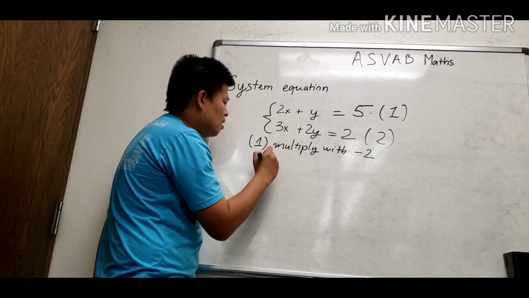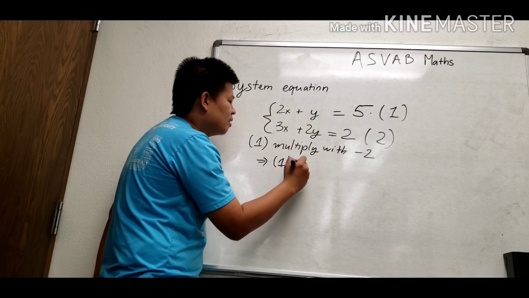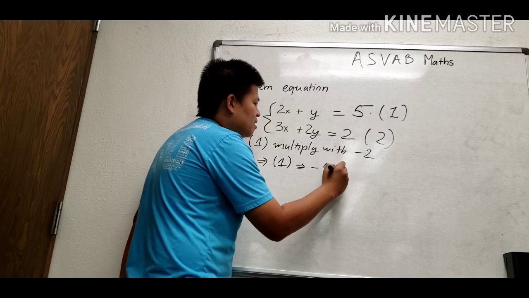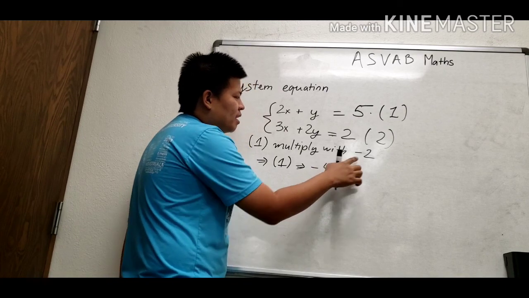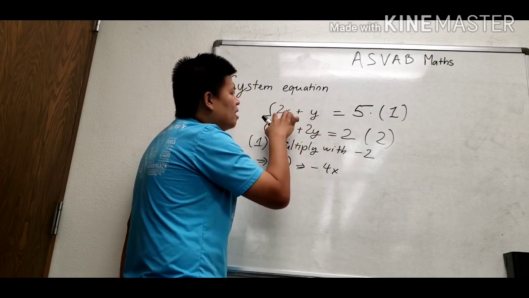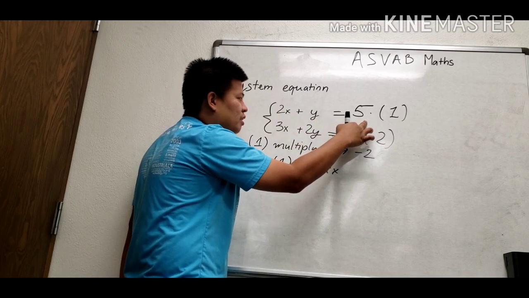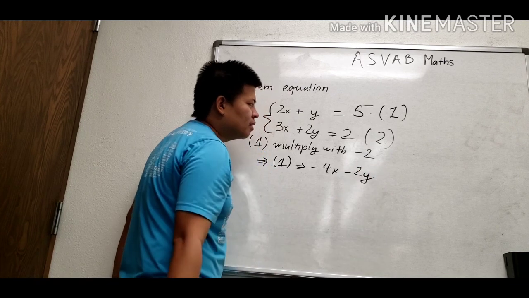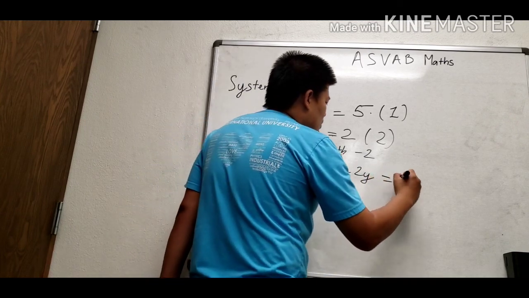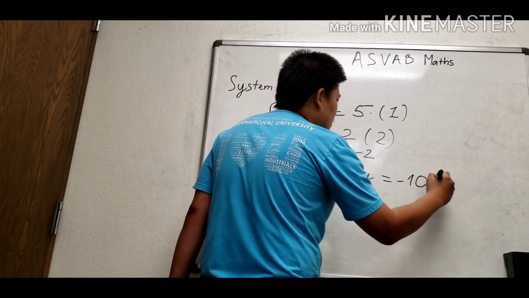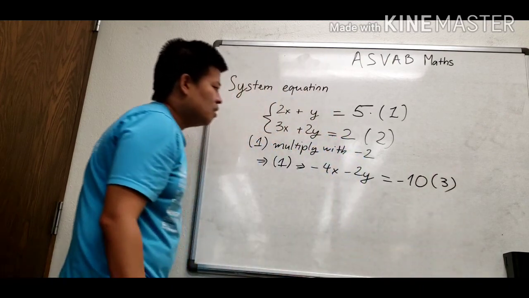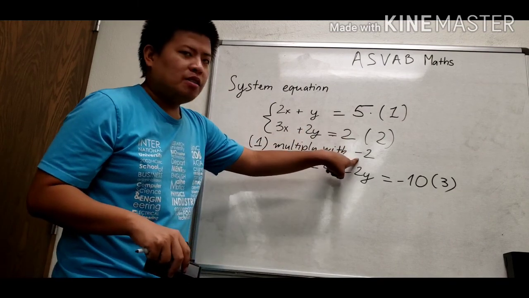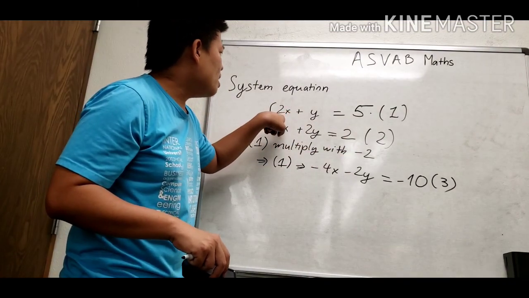So the new equation number 1 will become -4x minus 2y equal to -10, because we multiply -2 on both sides of equation number 1.